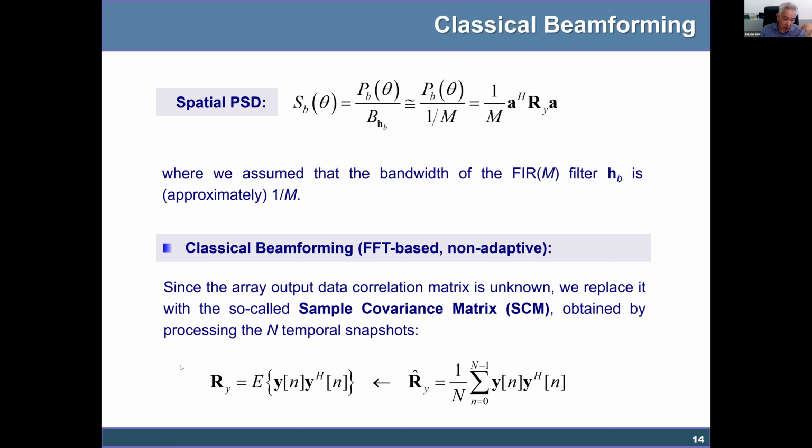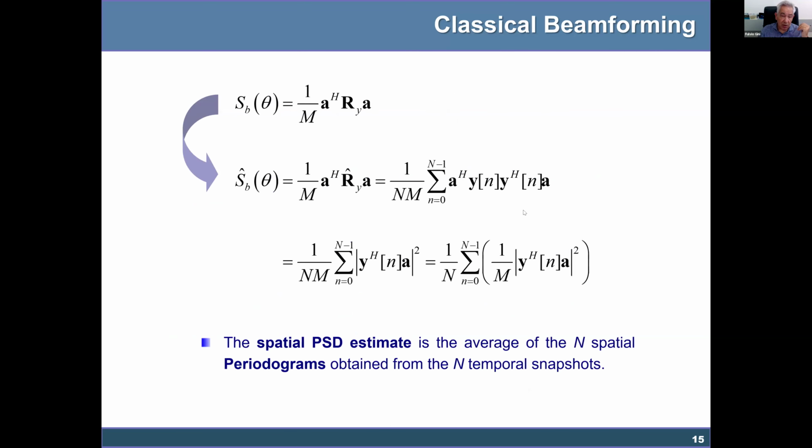So because we don't know Ry, we replace the expectation with the arithmetic mean, and so we plug R hat in this expression. So we start from this. We replace Ry with R hat, the sample covariance matrix. You make the replacement, and you find the spatial power spectral density estimate by using the classical beamformer.